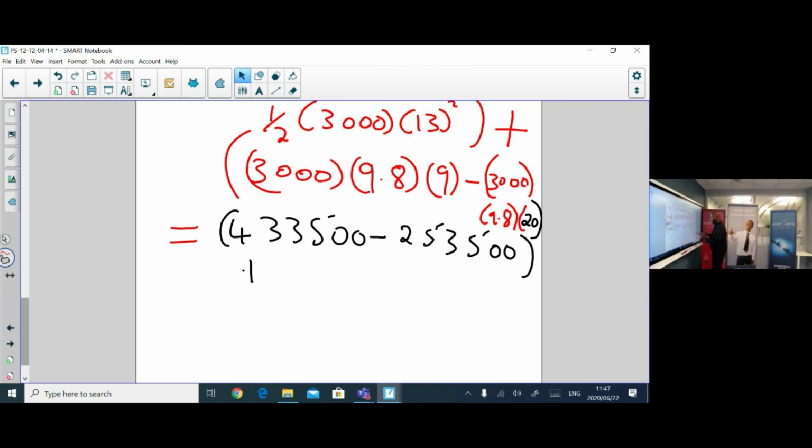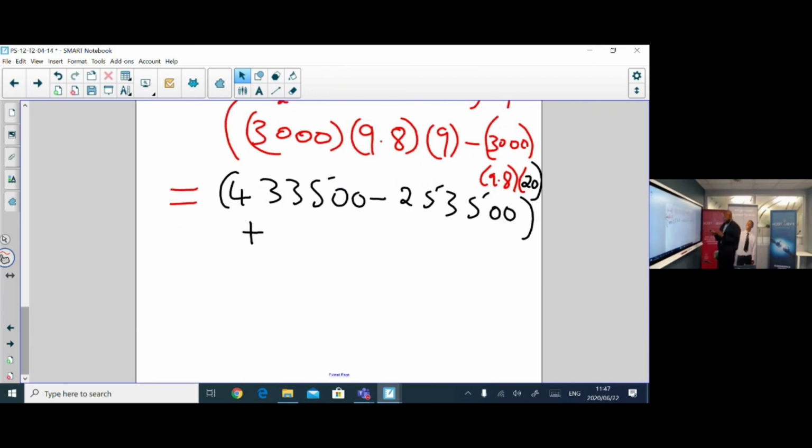Plus for the gravitational potential energy, I can say 3,000 multiplied by 9.8 multiplied by 9. I'm trying to do it part by part so that you can see what I'm doing. That is 264,600 minus 3,000 multiplied by 9.8 multiplied by 20, which is 588,000.